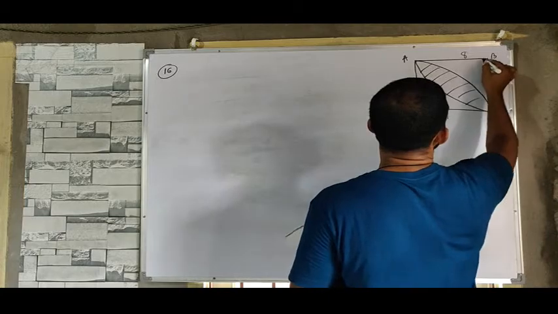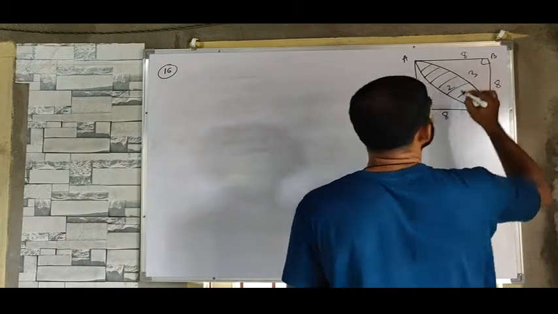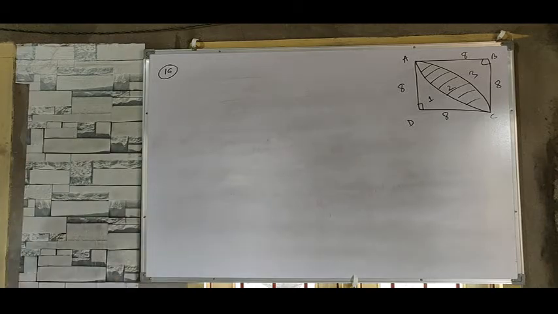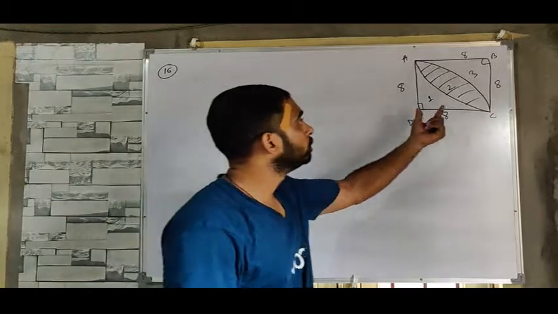All angles are 90 degrees. So 1, 2, 3. Okay, now here what is the question? Here the question is to find the value of the shaded portion. The shaded portion is 2.